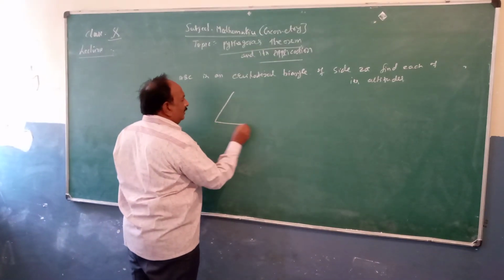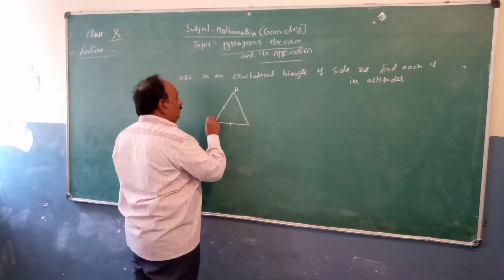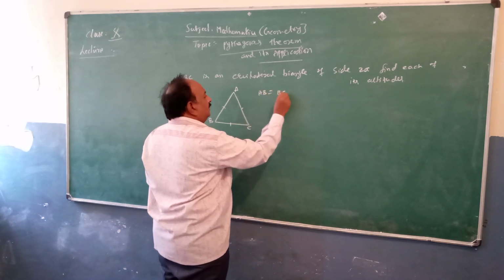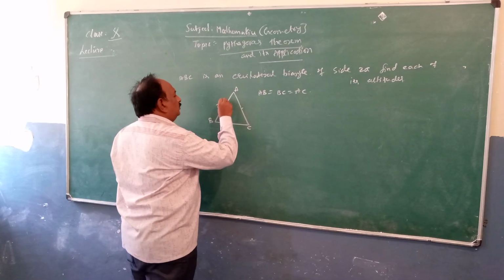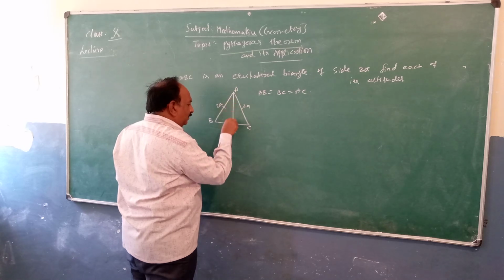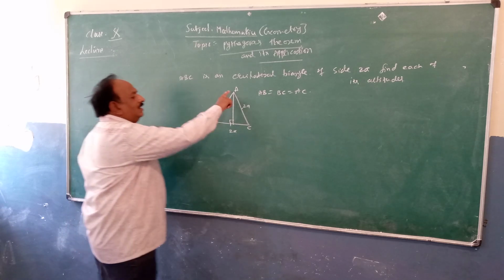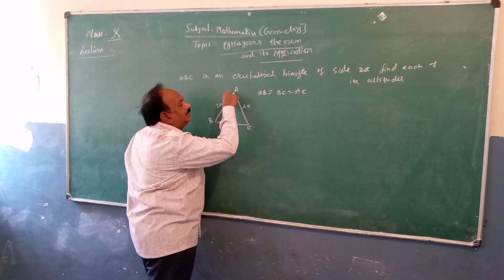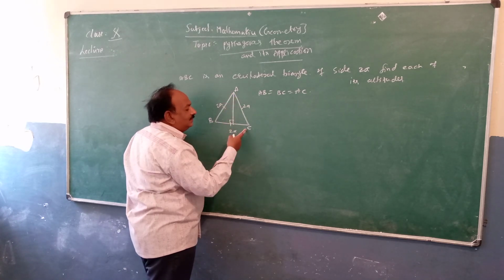Equilateral triangle ABC, AB is equal to BC is equal to AC, each of side 2A. The perpendicular drawn from the vertex of an equilateral triangle bisects the third side.